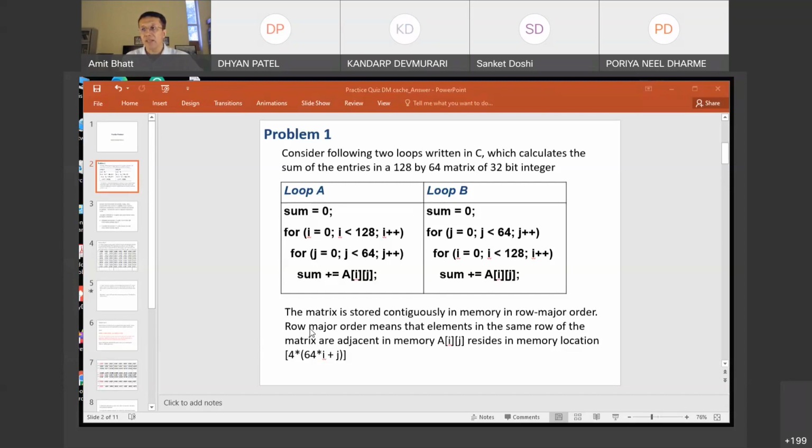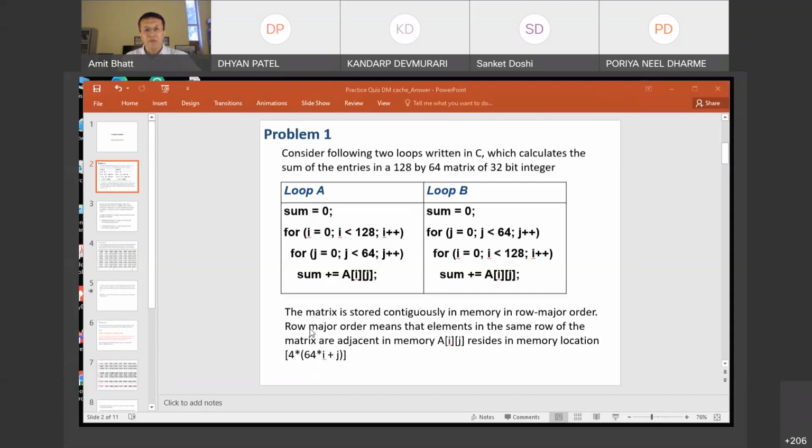Okay, that is one answer. I believe others agree with it. So let's say this has got 128 rows by 64 columns. And both of them would have a similar thing.